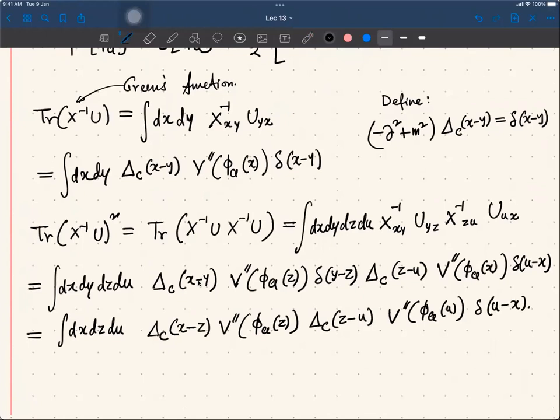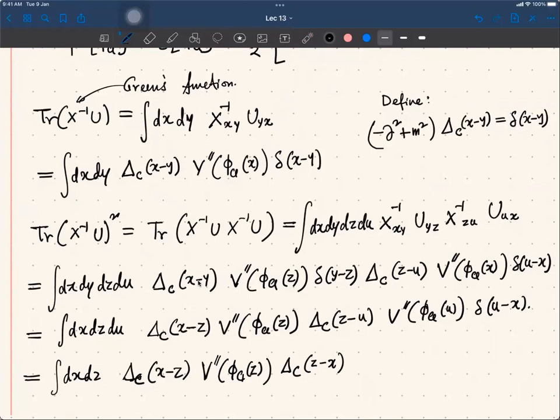This is what it is. You could also integrate over u, that will give you the integral dx dz delta_c(x minus z) V double prime phi_cl(z) delta_c(z minus x) V double prime phi_cl(x). That's it.